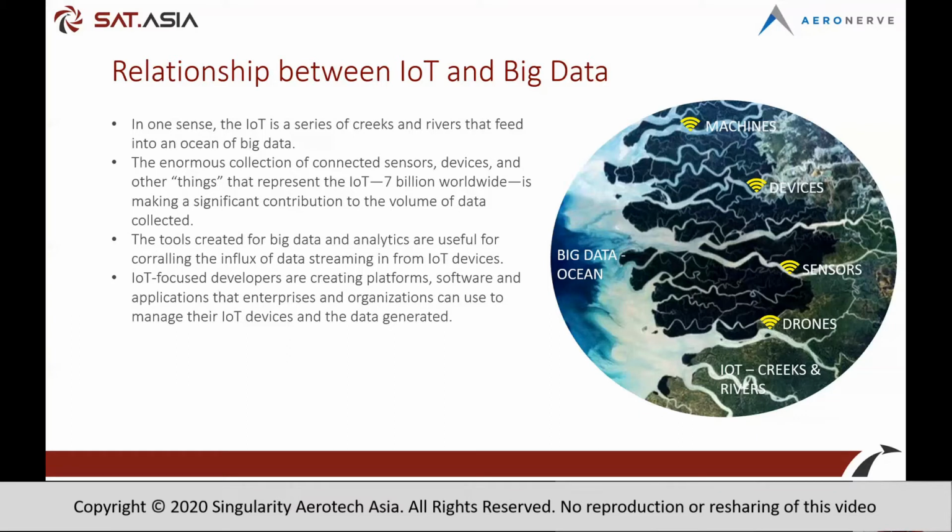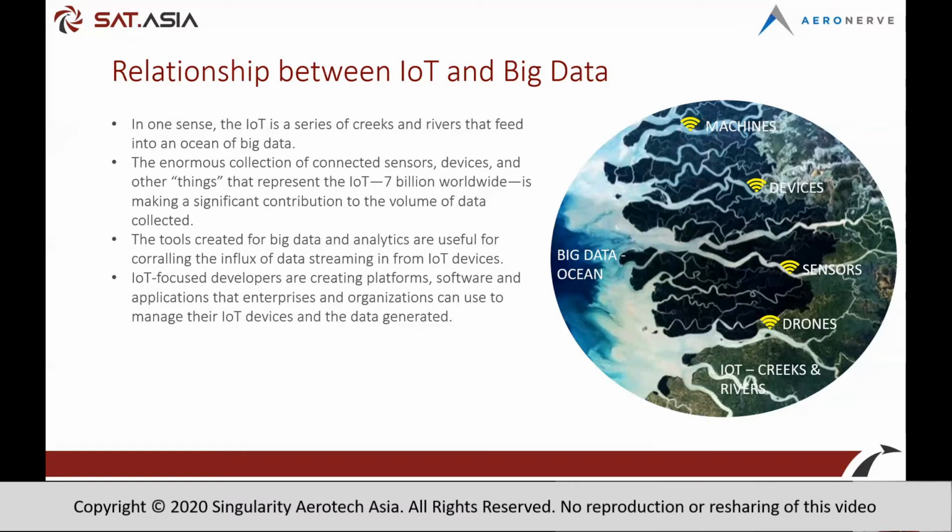IoT creates data and gives this data into a pool, a server, a cloud, or whatever, where you collect all that data with all other sources around us and contribute to the big ocean.